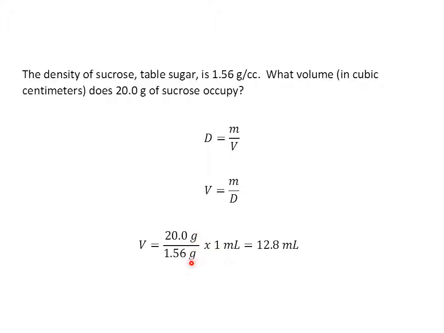So grams cancel, so 20.0 divided by 1.56 is going to give us 12.8 milliliters. But the problem said report in cc. So just remember that 1 milliliter is equal to 1 cubic centimeter. So whatever I am in milliliters, I'm going to be that same thing in cubic centimeters. So this would be 12.8 cubic centimeters, or 12.8 cc's.